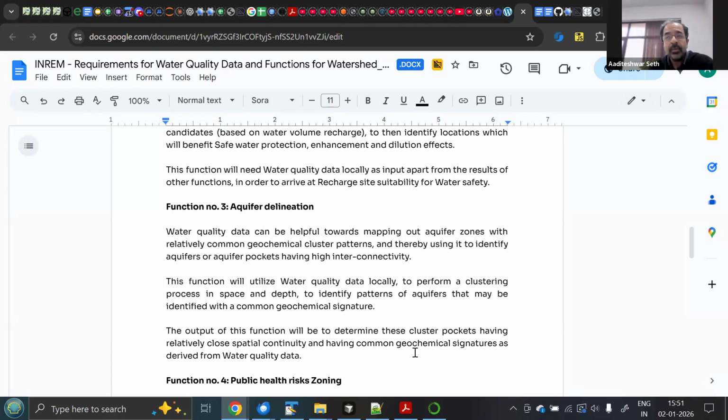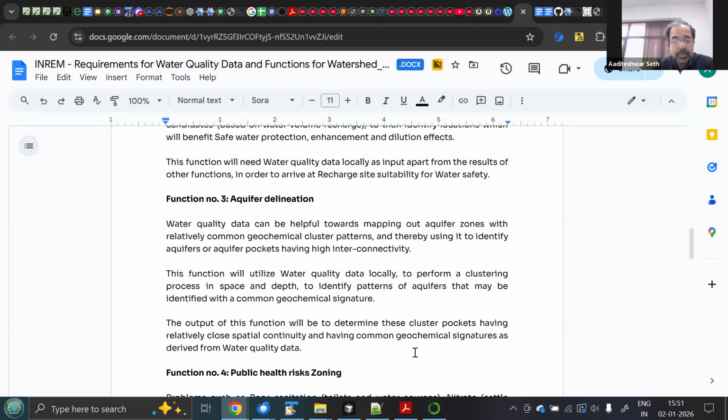That can be quite useful for aquifer mapping, which otherwise is a very difficult process because you have to drill bores into the ground and then do rock analysis of the chemical composition of the rocks to see whether it is one connected aquifer or not. And you have to do other things like pumping tests, where you pump out water and use that to figure out how the aquifers are connected to each other. So some of it can be used for that purpose as well.